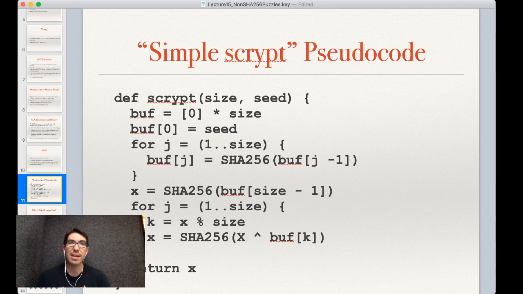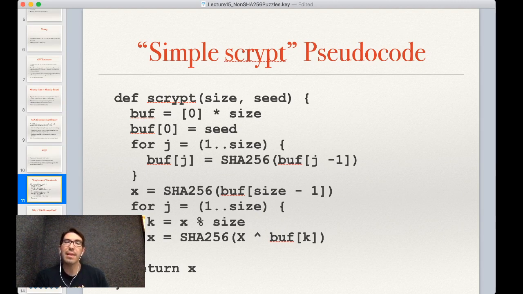We create this large buffer given a seed, and for the size of the buffer, which is of non-trivial size, we take a value, take its SHA-256 value, put that in the next slot in the buffer, take that SHA-256 value, put it in the next slot, and then jump around to different places in that array until we get to the end and return the value that has been created from all of that.